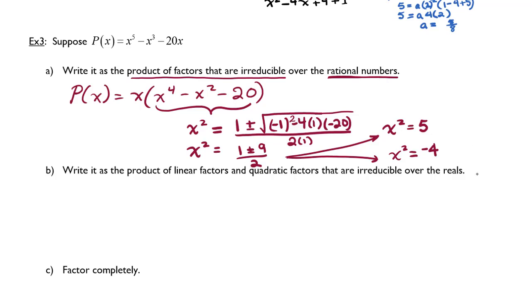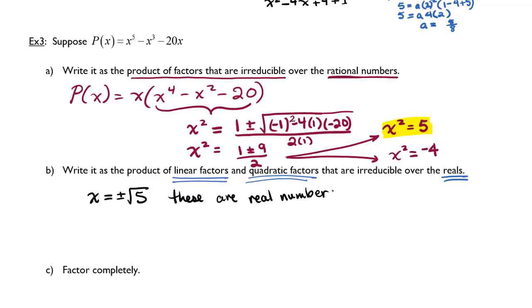Let's move on to the next step where we can actually use this information we just found. We need to write the polynomial p of x as the product of linear factors and quadratic factors that are irreducible over the real numbers. Now, this solution, the x squared equals 5, would give me two real numbers. It would give me x is equal to plus or minus the square root of 5.